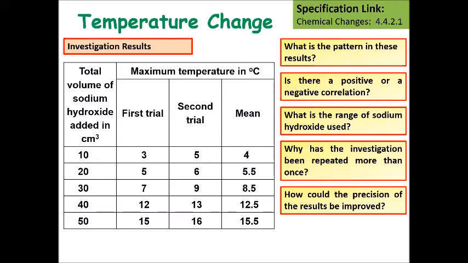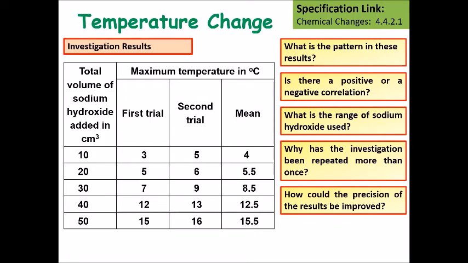The range of sodium hydroxide used is between 10 centimetre cubed and 50 centimetre cubed. We've repeated the experiment more than once, and because the results are all relatively close to each other between the first and second trial, that shows that the results are reproducible and reliable.